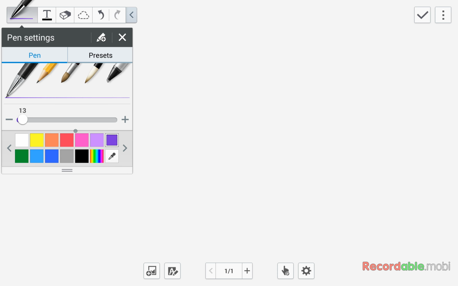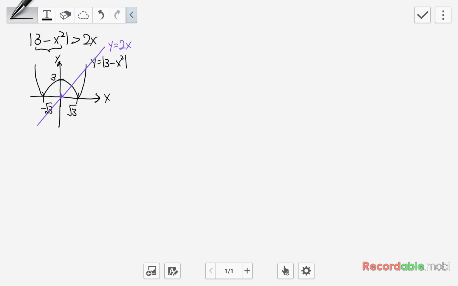Now, what is the way to solve an inequality using a graph like this? Now look at this part again. We want the inequality such that modulus 3 minus x squared is greater than 2x. When is this the case?